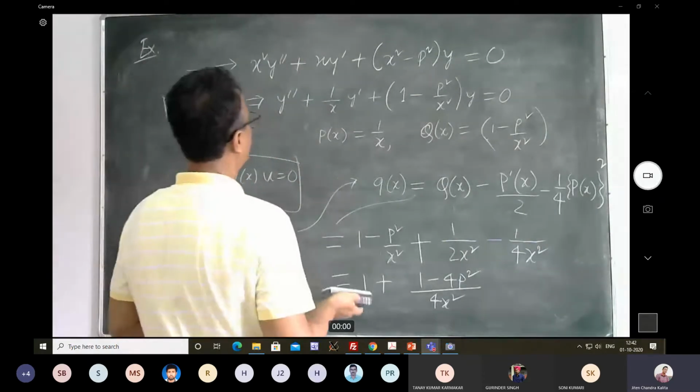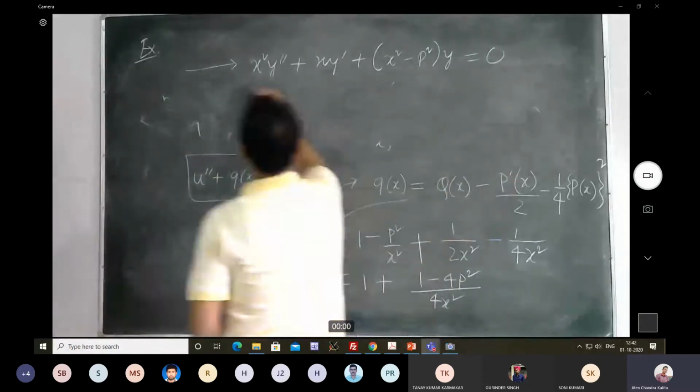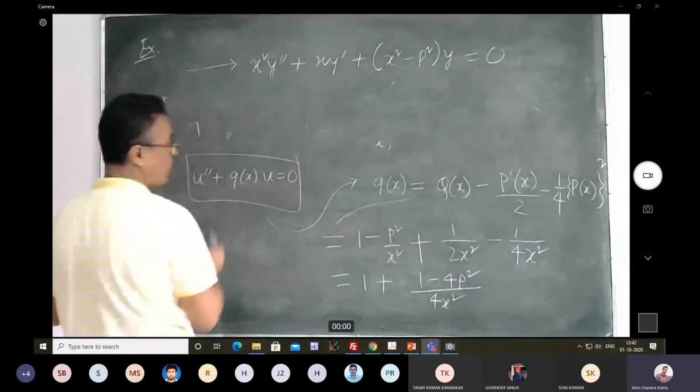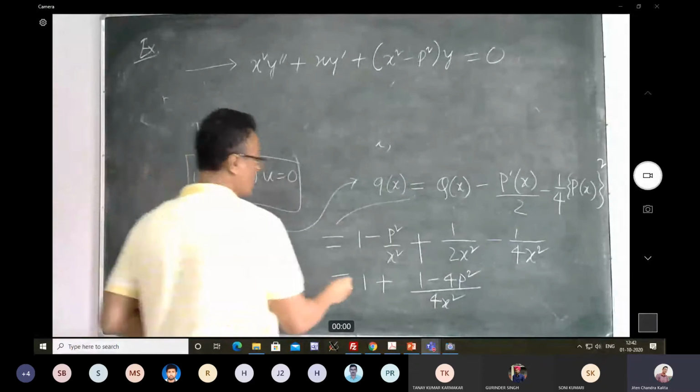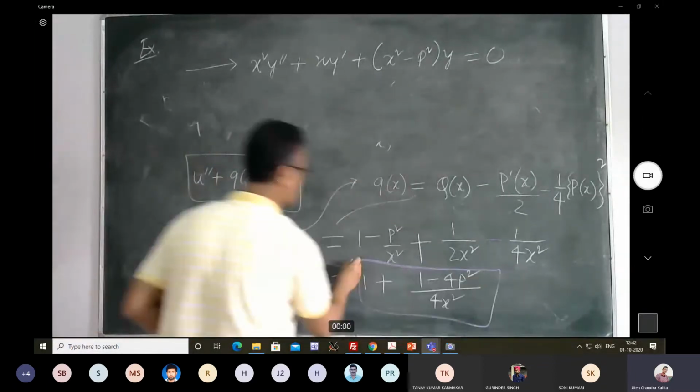So what I have done, I have reduced this Bessel equation into this form, where this Q(x) is given by this.